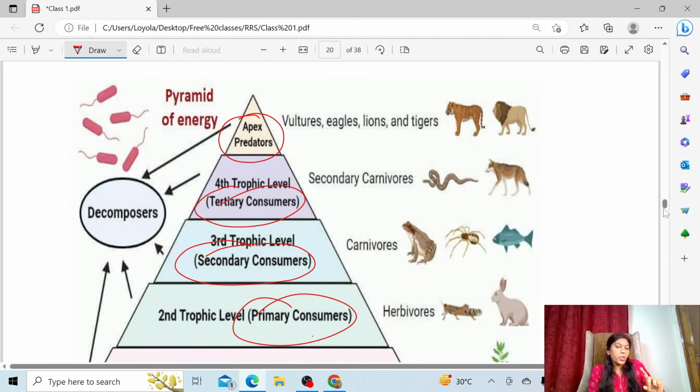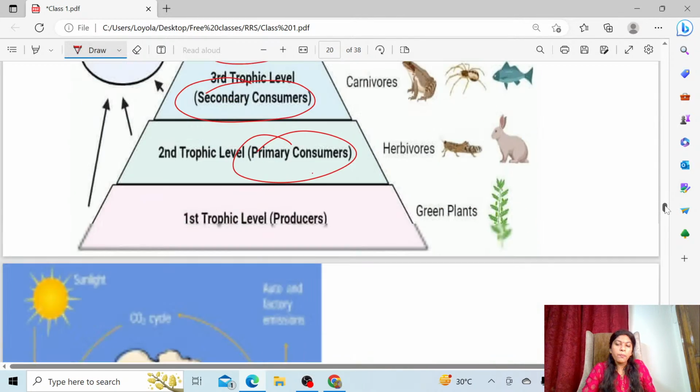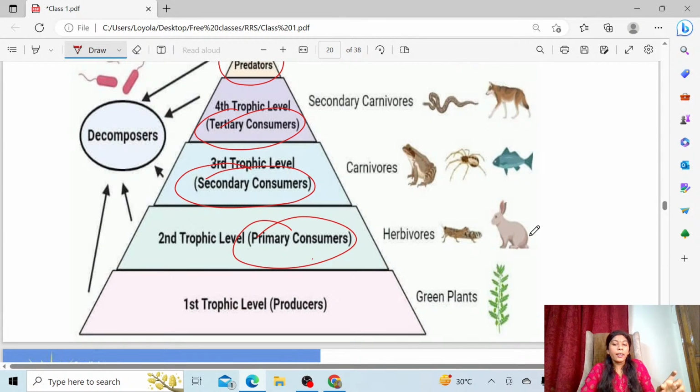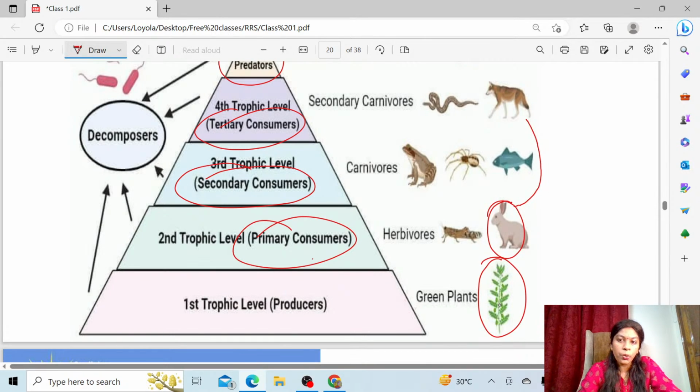Grazing food chain starts like this. For example, on land, green plants will be the producers. Green plants are eaten by a rabbit, the rabbit is eaten by a fox, and the fox by a lion.